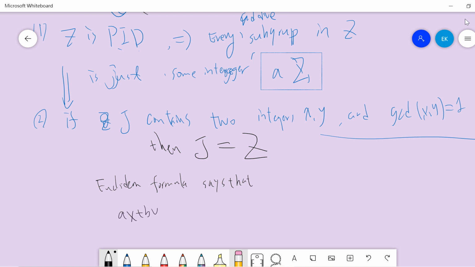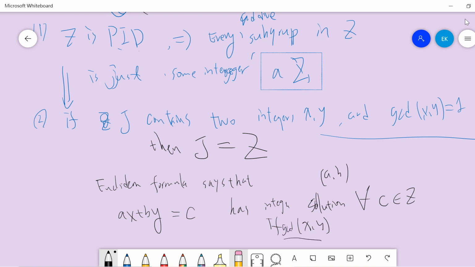ax plus by equals C has an integer solution a, b for any C if x and y are co-prime to each other.